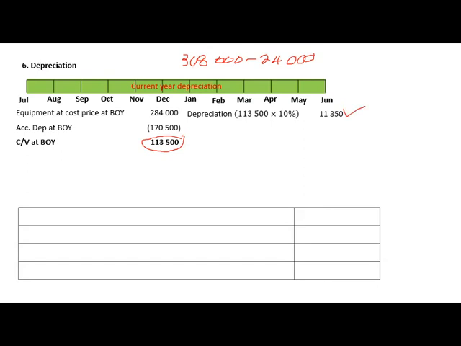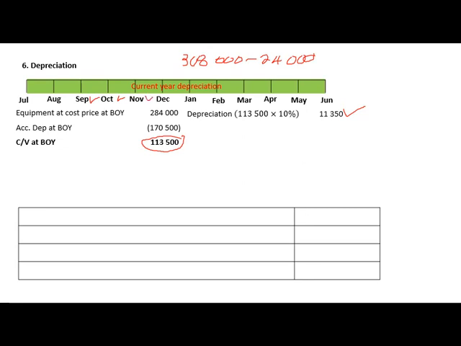But that's not all. We purchased equipment on the 1st of September. So the equipment that we purchased, which is 24,000, we had it for September, October. Why am I taking September? Because we bought it on the 1st. If it was at the end of September, we are going to start counting from October. So we used it for September. We used it for October.